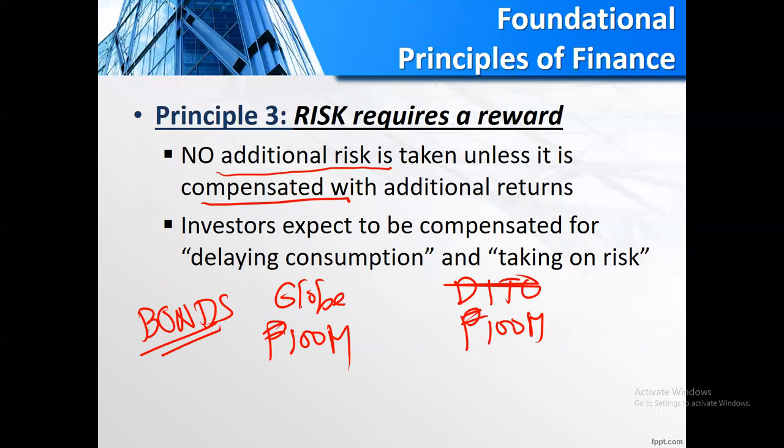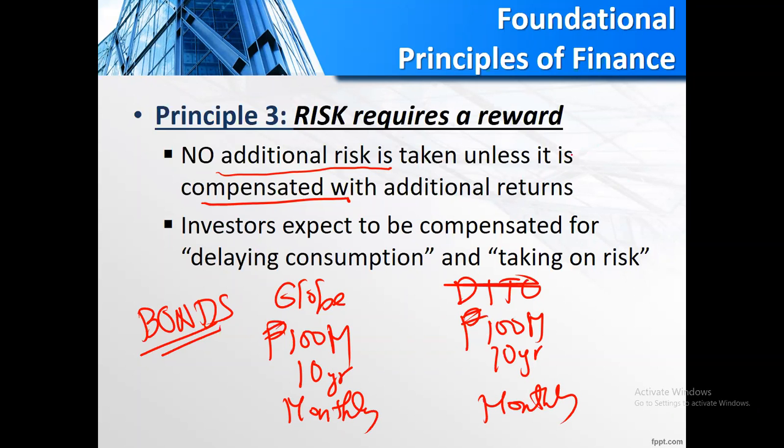So Globe will borrow, and they will issue this document called bonds, which is a proof that they're going to borrow this amount, 100 million. Let's suppose that the tenor is 10 years, tapos ang interest to be paid monthly. Ganun din si Dito, also 10 years, and then monthly interest.